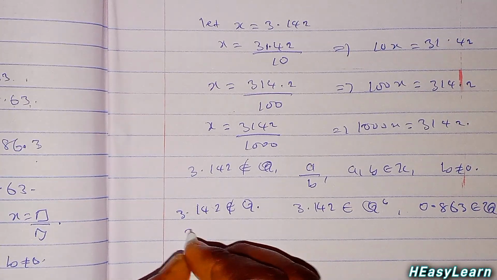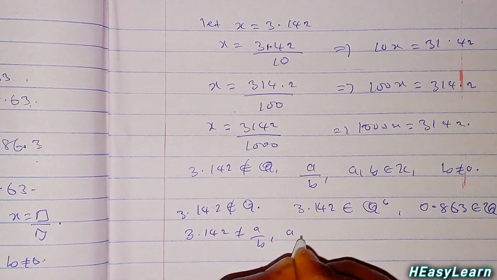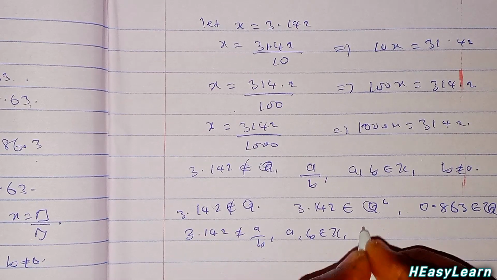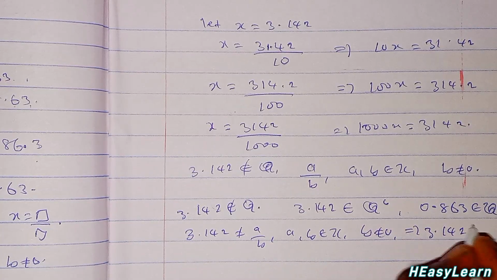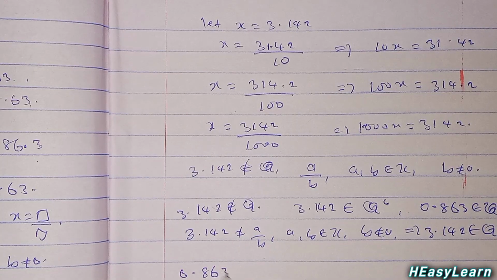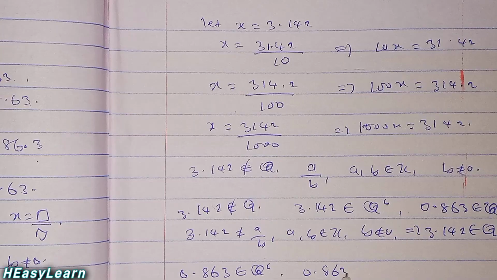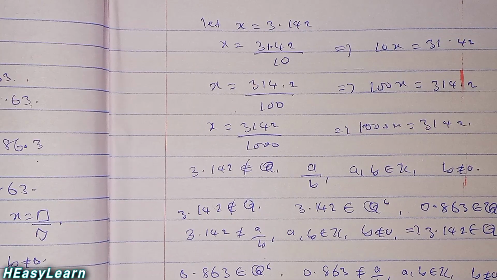So if you have a decimal that cannot be written as a over b for which a comma b is coming from integers, b not equals to 0, then we say the number is coming from irrational numbers. Again, 0.863 is coming from irrational number, because 0.863 cannot be written as a over b, a comma b coming from set of integer and b not equals to 0.